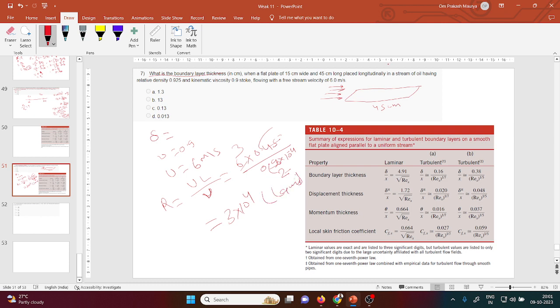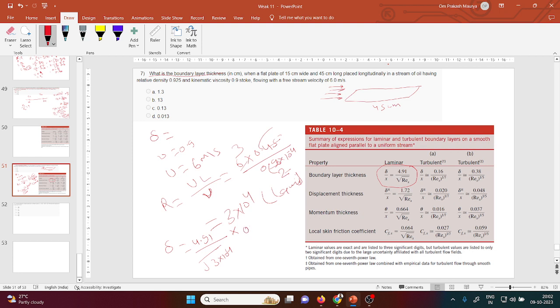For a flat plate, if the condition is laminar, your boundary layer thickness is like that, right? So delta is equal to 4.91 divided by root under 3 into 10 to the power 4, into x.